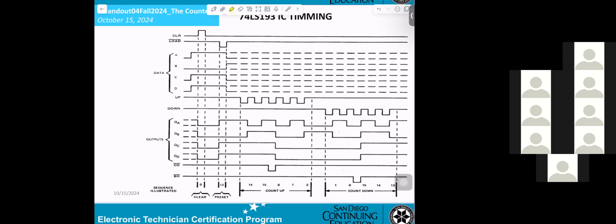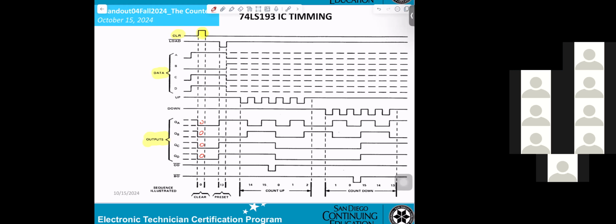Now, first thing, I'm talking about clear here. This is the output here. This is the data. If I'm looking at the clear, when it goes to 1 and you look at the Q outputs, you can see QA 0, QB 0, 0, 0.